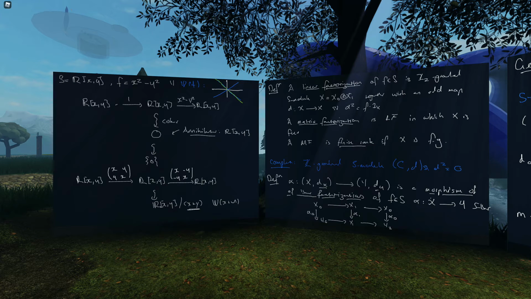And then in this case, the module that we're associating to it is this thing modded out by the image. So it's the ideal of all things of the form ax plus by, bx plus ay, as a and b vary.